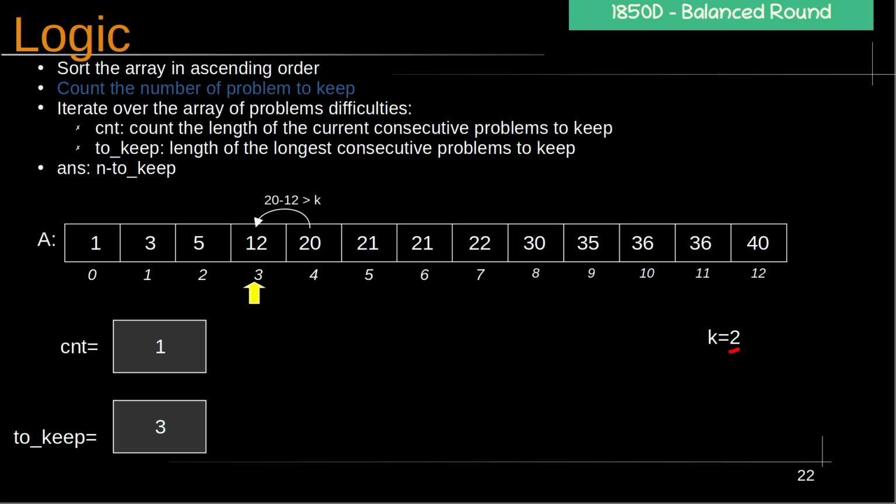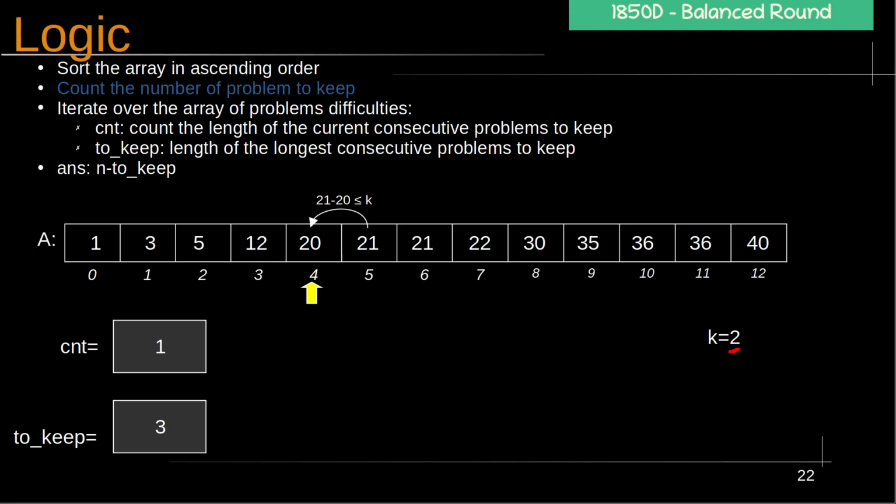We go to the next problem, 12. We check the current problem against the next. 20 minus 12 is greater than k. So same here, we have just one balanced problem for now, which is 20. And the results remain the same.